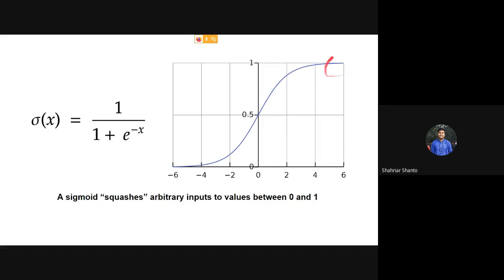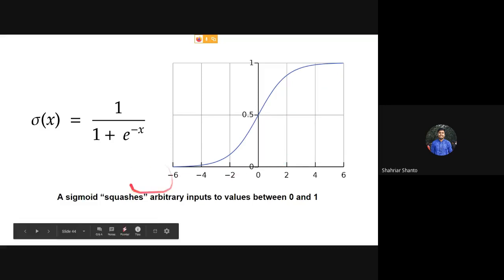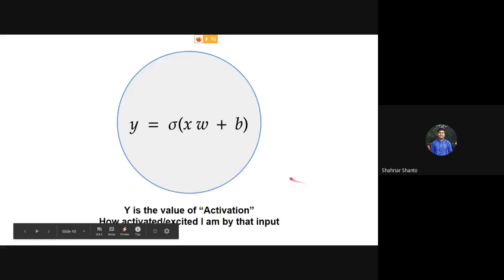It can be at most 1, it cannot be greater than 1, and the same happens on the negative side of the line. So this function squashes all the input values between 0 and 1. This is the neuron and its equation, and the y value is the activation, which means how activated or excited I am by that input.